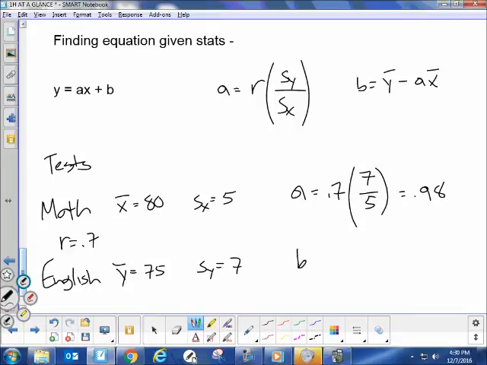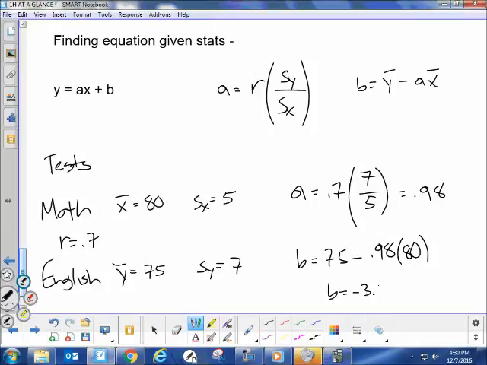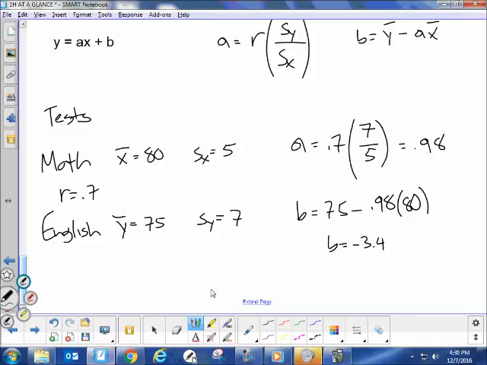Then you find the B, that would be y bar minus A, which you just found, times x bar: 75 minus 0.98 times 80. And you get negative 3.4. So I get y equals 0.98x minus 3.4.